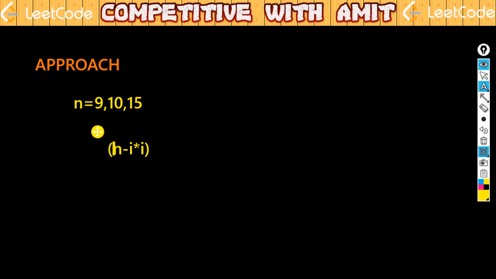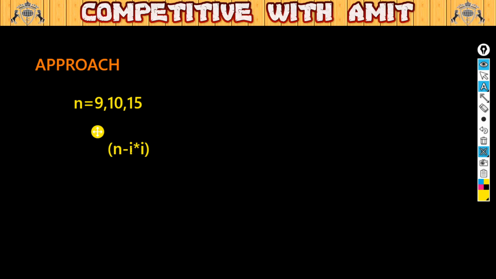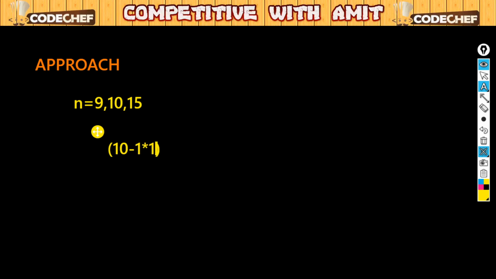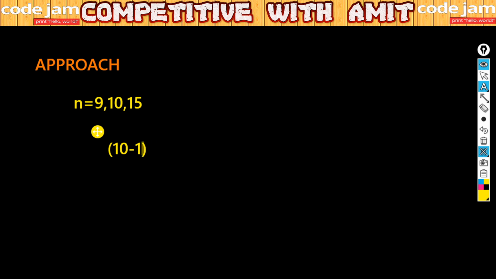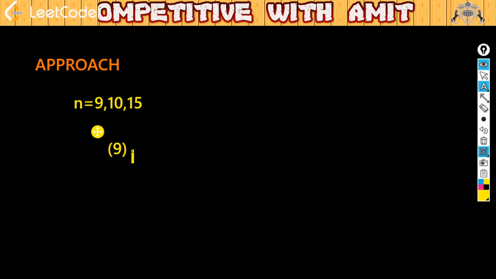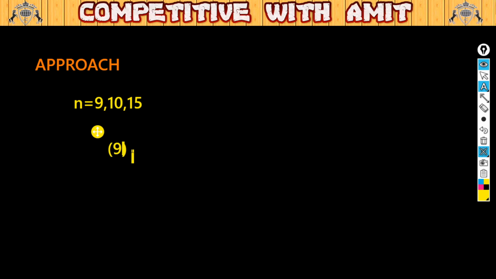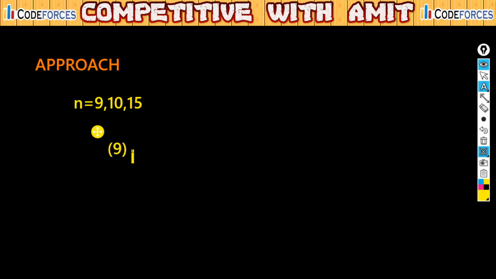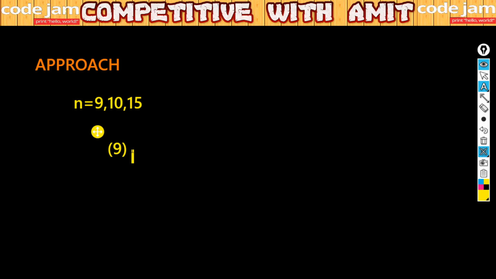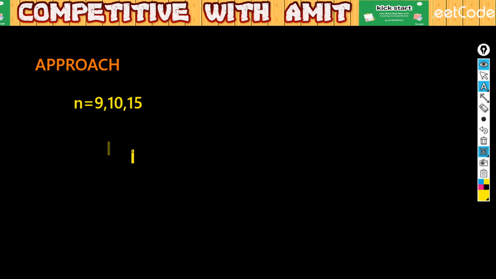Suppose n equals 10 and i equals 1. Then 10 minus 1 is 9, and 9 is a perfect square of 3. So we can represent 10 as the sum of 2 perfect squares, so we will return 2.